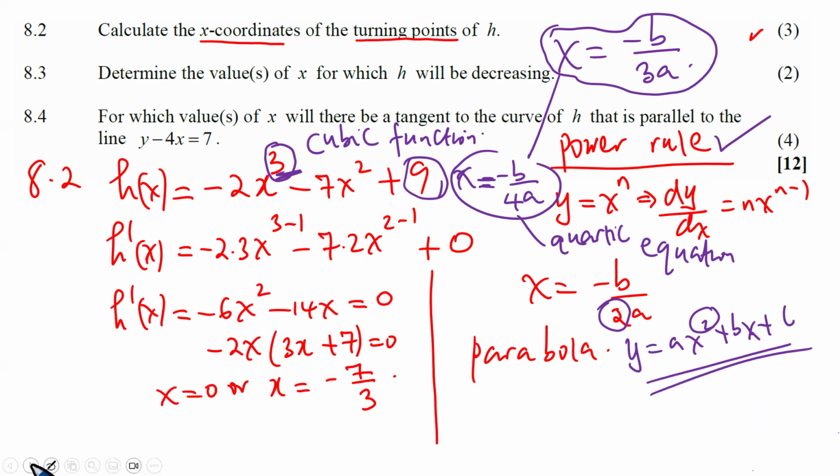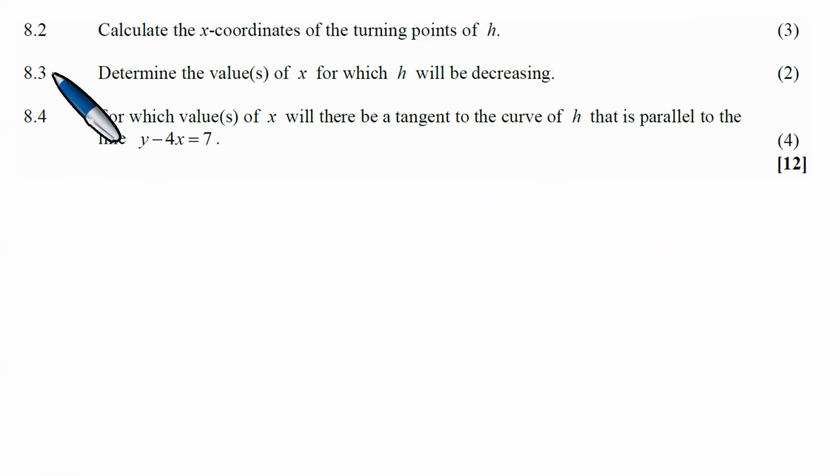8.3 is next. Right, in 8.3, the examiner is saying determine the values of x for which h will be decreasing. So we look at 8.3 right now and we analyze what that is supposed to mean.